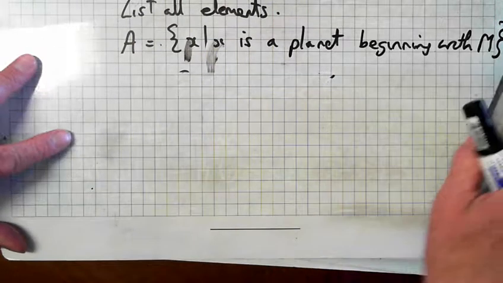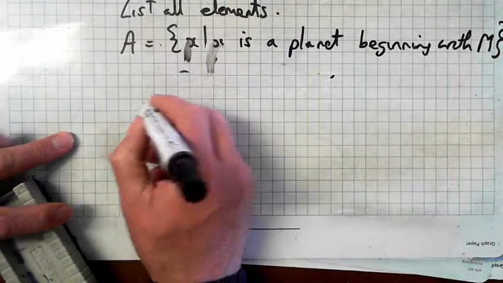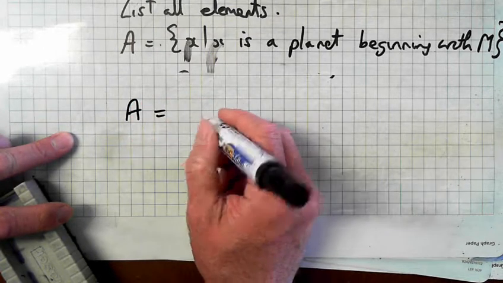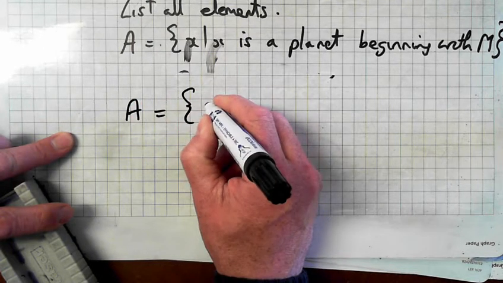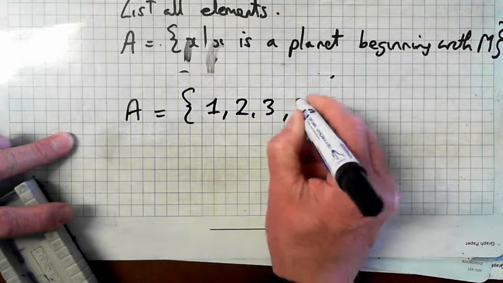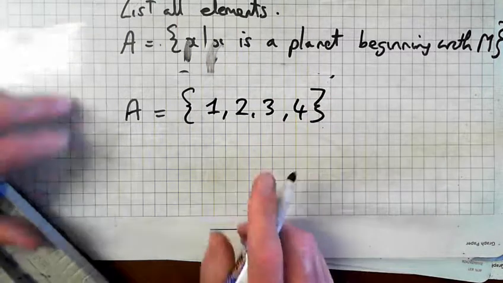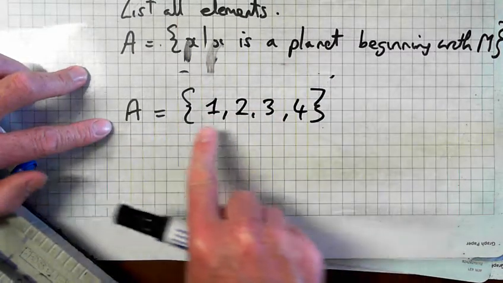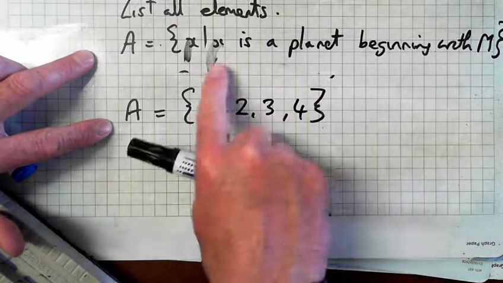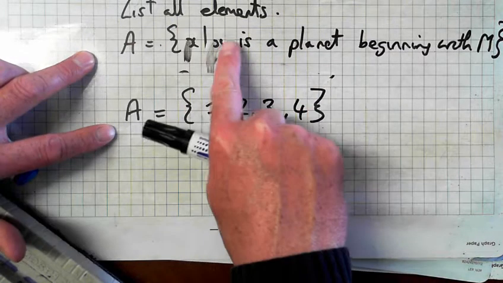Okay, so another question. I'm going to write A is equal to 1, 2, 3, and 4. I'll leave it there. Now we're going to write the sentence. Can you tell me the sentence I should write up here for this? 1, 2, 3, and 4.